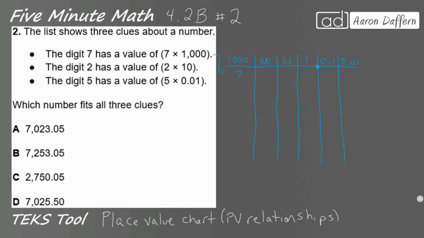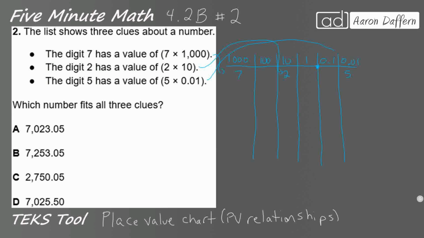All right, so my tens place is right there. So this clue goes right here. Just going to draw these arrows so you can see where my numbers are coming from. And then the digit 5 has a value of 5 times 0.01, or 5 times 100th. So I'm going to go to the hundredths place, put a 5 right there, and that's it.